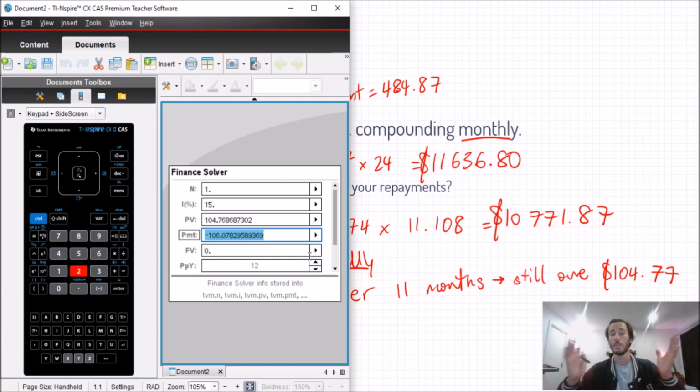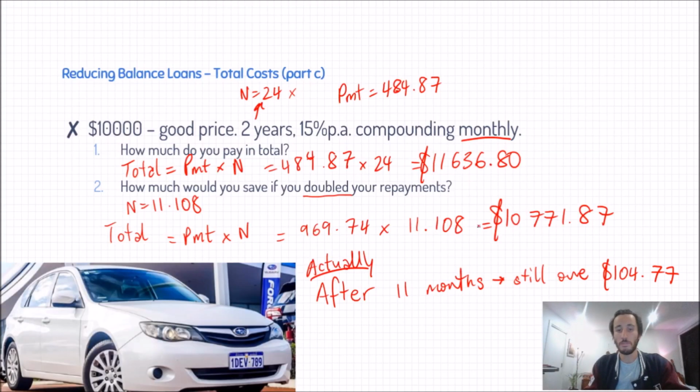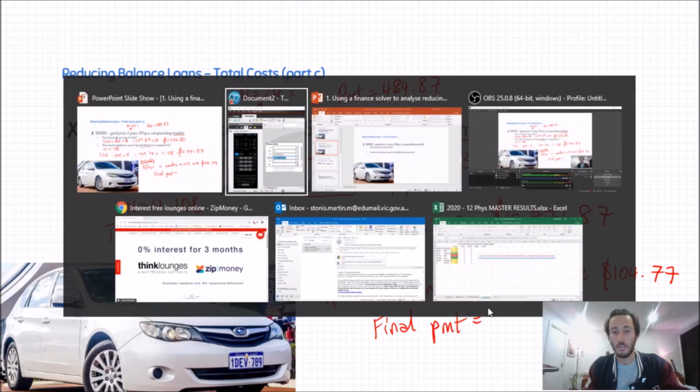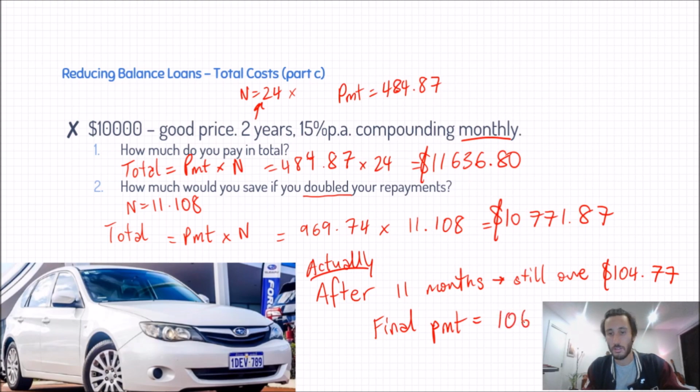Once these numbers get big, then these effects get magnified. So our final payment is $106.08.